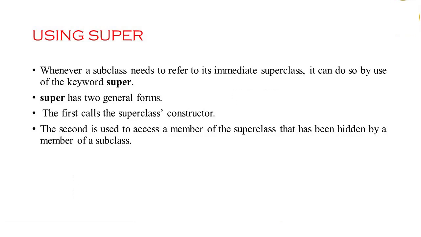Next, using super. Whenever a subclass needs to refer to its immediate superclass, it can do so by use of the keyword super. Super has two general forms. The first calls the superclass constructor. The second is used to access a member of the superclass that has been hidden by a member of a subclass.